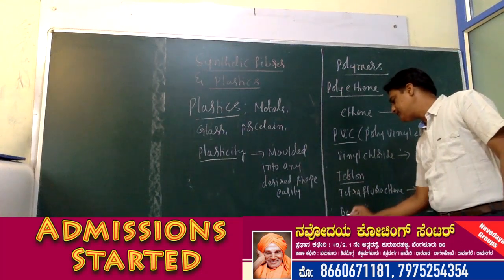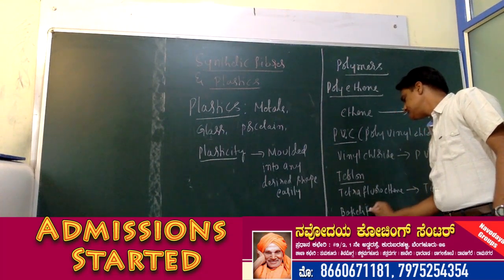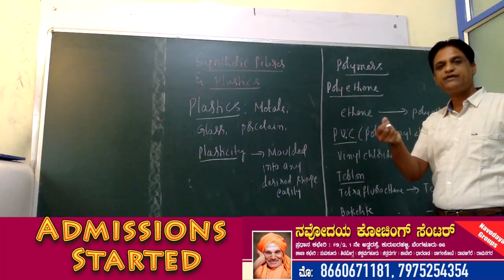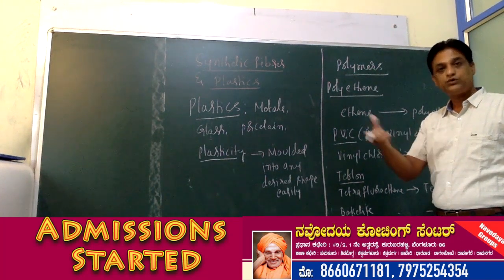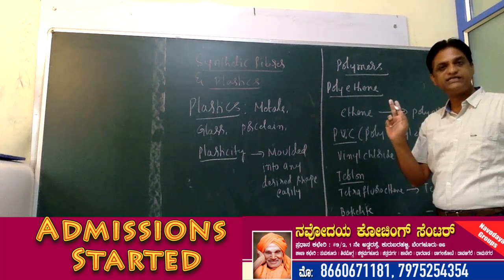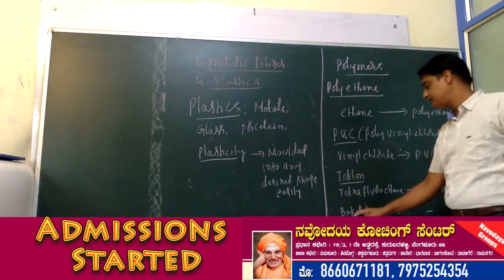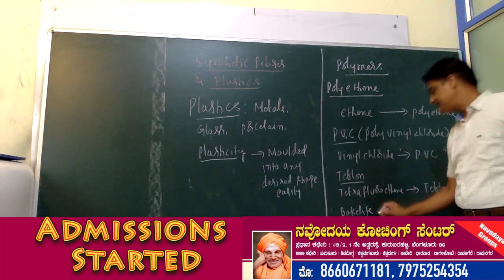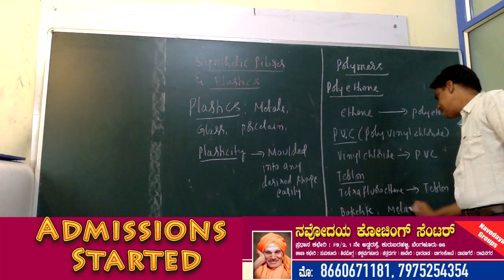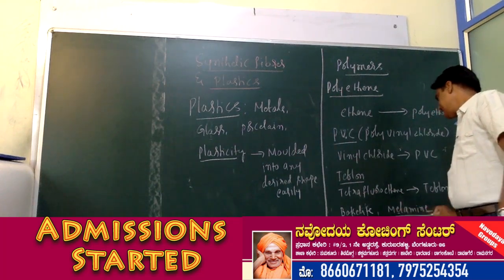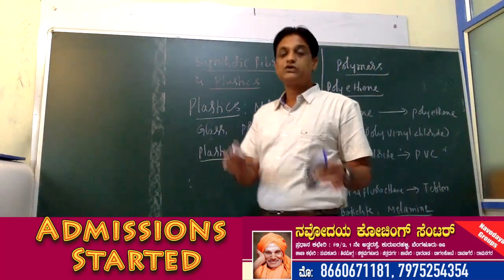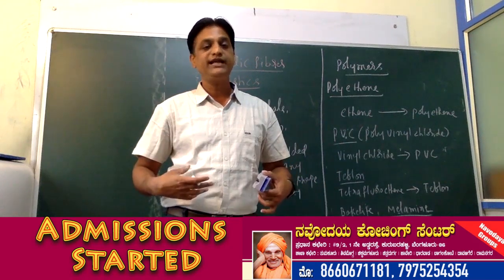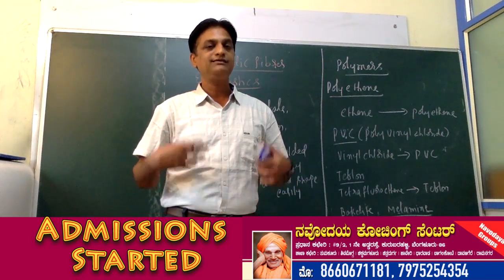Similarly, one more example of plastic is Bakelite. All of you have seen handles, that is cooking utensil handles, iron box handles, electrical switches. All those are made up of a special type of plastic called Bakelite. Similarly, another important example of plastics is melamine. You might have seen that firefighters use a special type of fire resistant cloth.